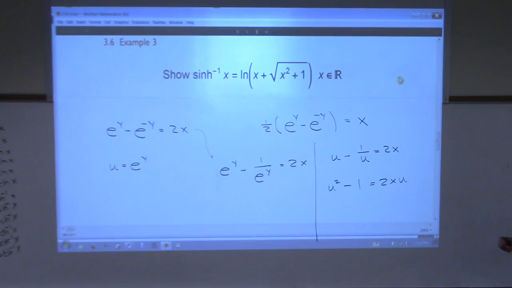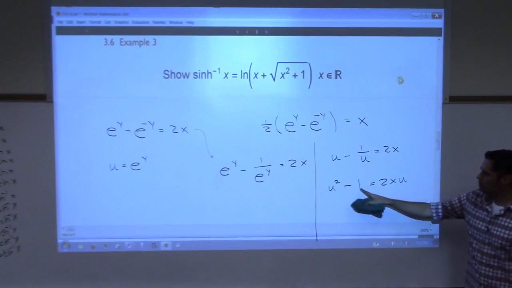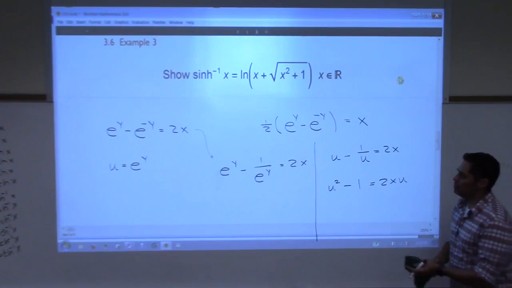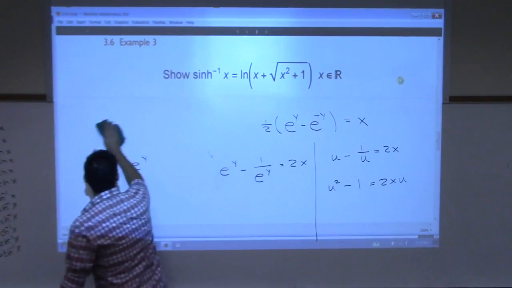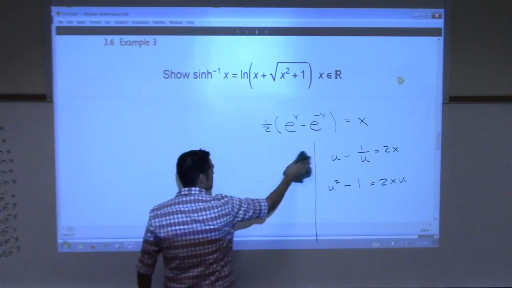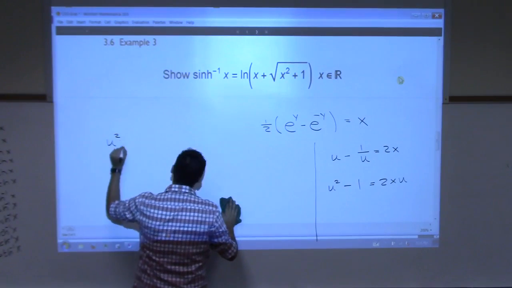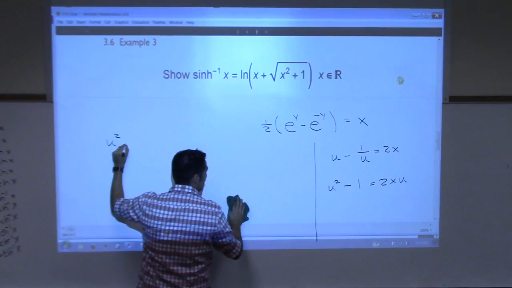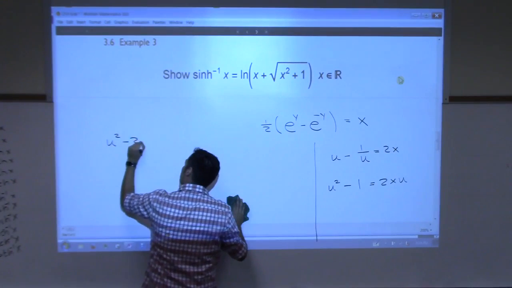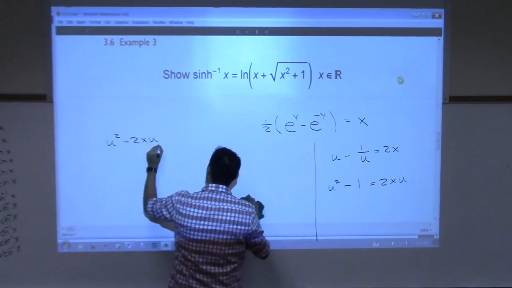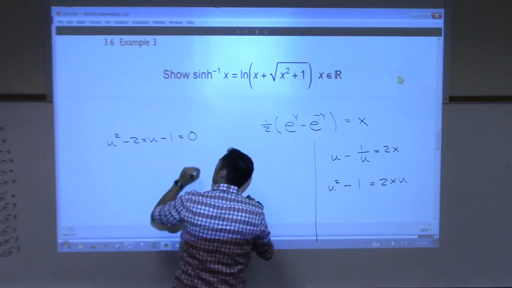Can you move over the 1 and then move over the 2x? Yes, I can, so let me do this. We are now at the point that I have not seen anyone be able to do it. U squared minus 2xu minus 1 equals 0.